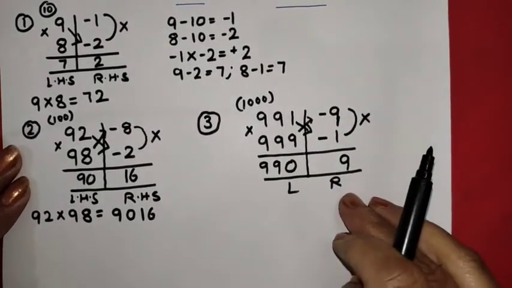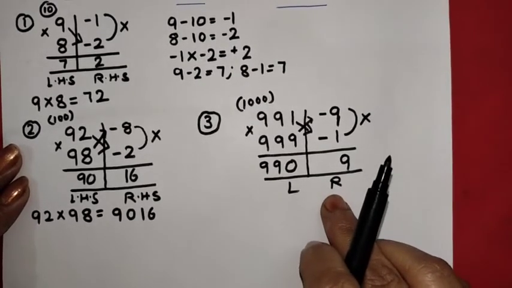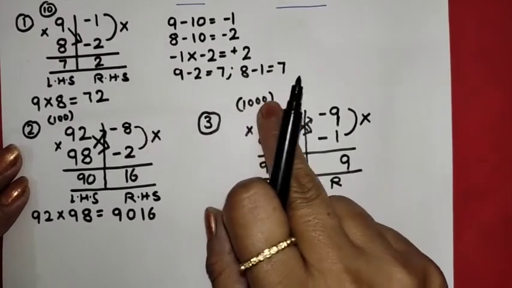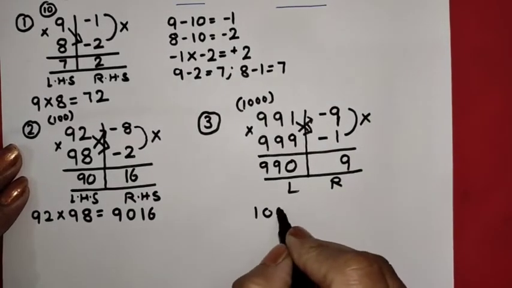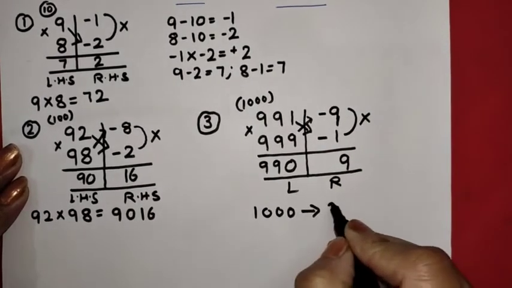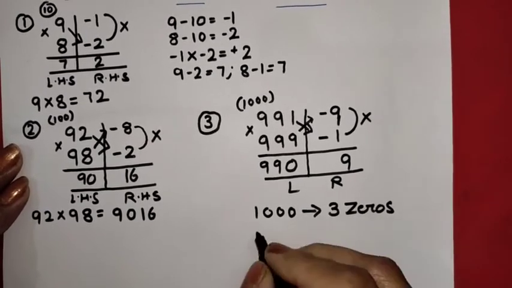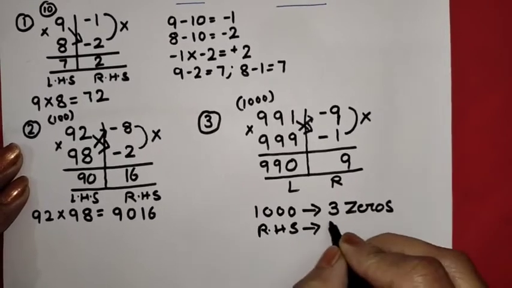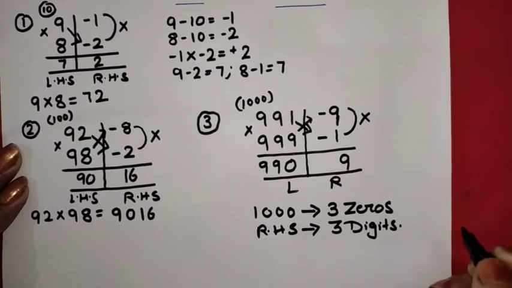Now let us talk about the exception. Your right hand side part will always contain the number of digits as per the number of zeros in your base. Here base 1000 has 3 zeros. How many zeros? 3 zeros. So right hand side answer should always contain 3 digits.